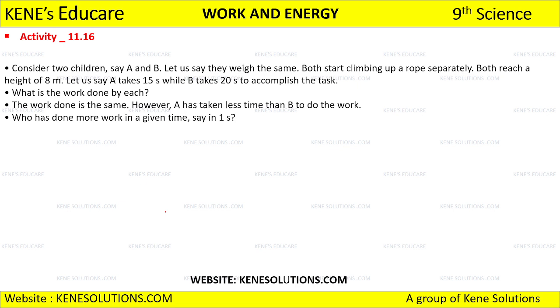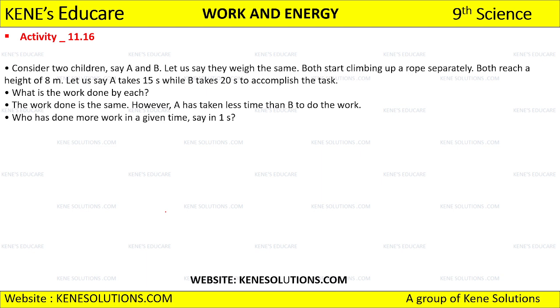Work done by child A will be mgh. Mass is 25, g is 10, and the height is 8 meters. So you get the work done as 2000 joule. Work done by child A is 2000 joule.